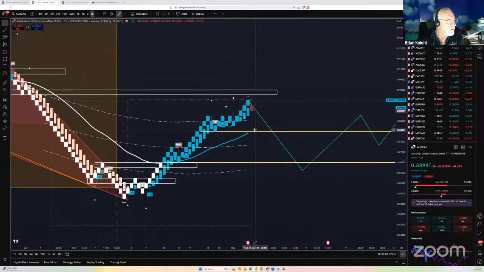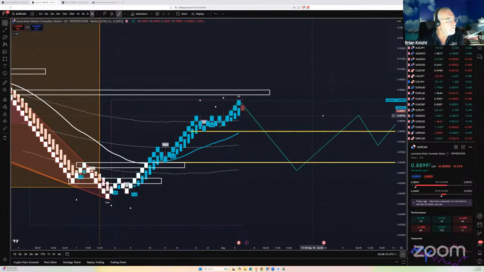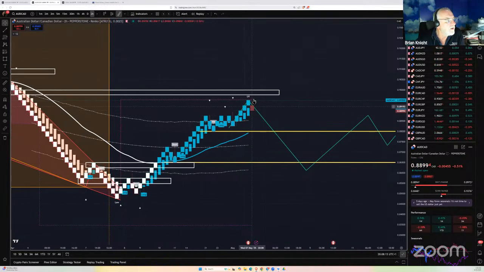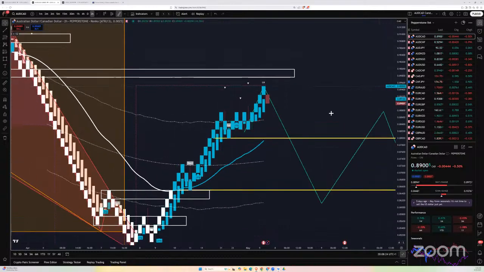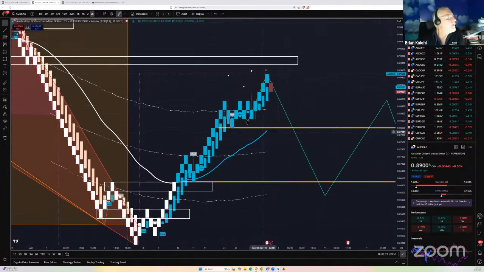They could meet around about this place here, this yellow line, and then decide what it's going to do. And we have what I term a yellow candle because we've got a wick up. It's going to have to break that bottom green wick, this one down here, which is that consolidation area through here.